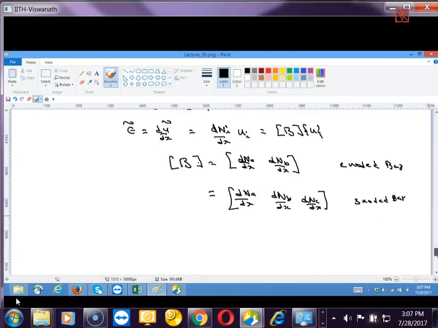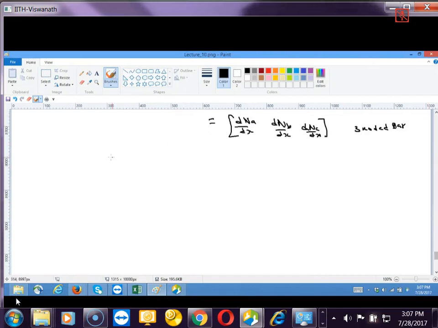So that means our K matrix is defined as the integral of B transpose D B dx. D is the constitutive law.